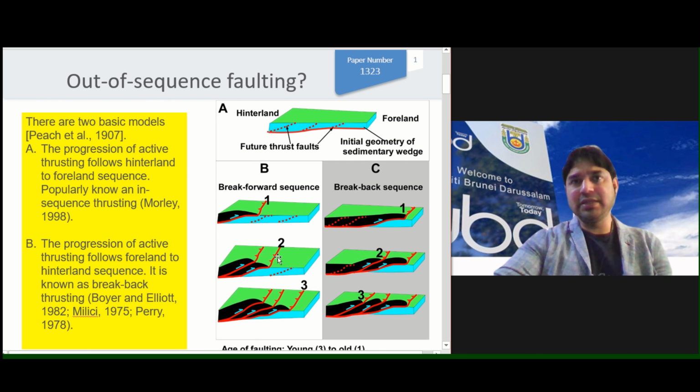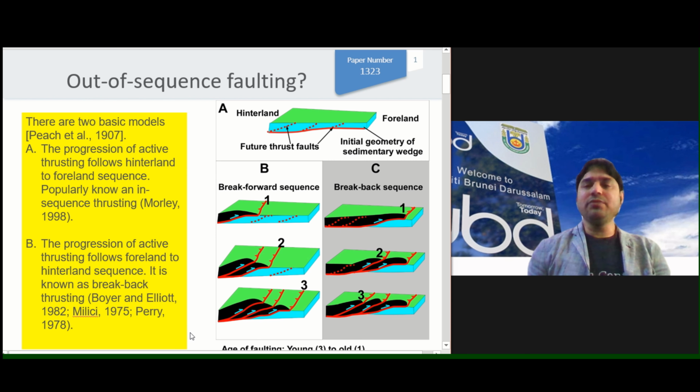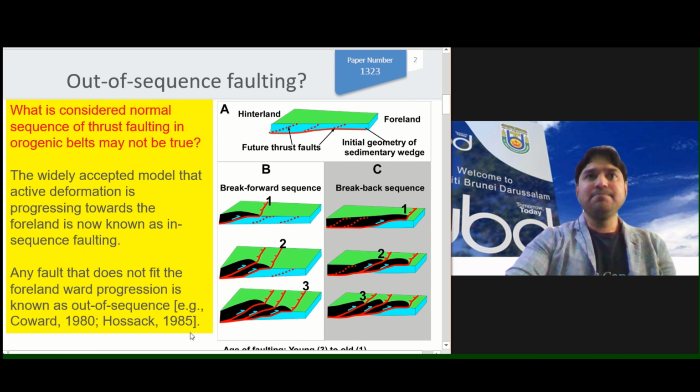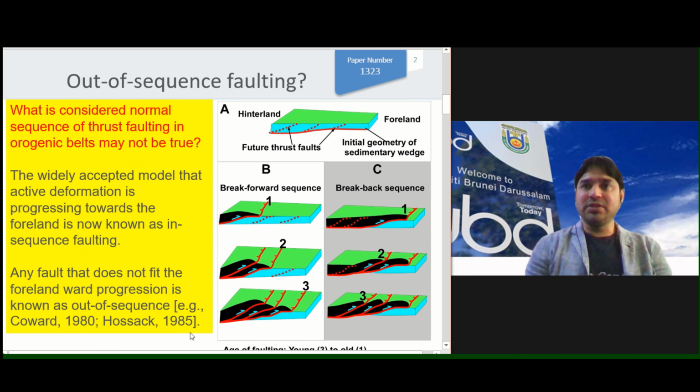So the question I'm going to raise now is: why would we call this out of sequence? What is out of sequence, in other words? Do we think that the faults have a progression, that they migrate towards the foreland and get younger, as in orogens?